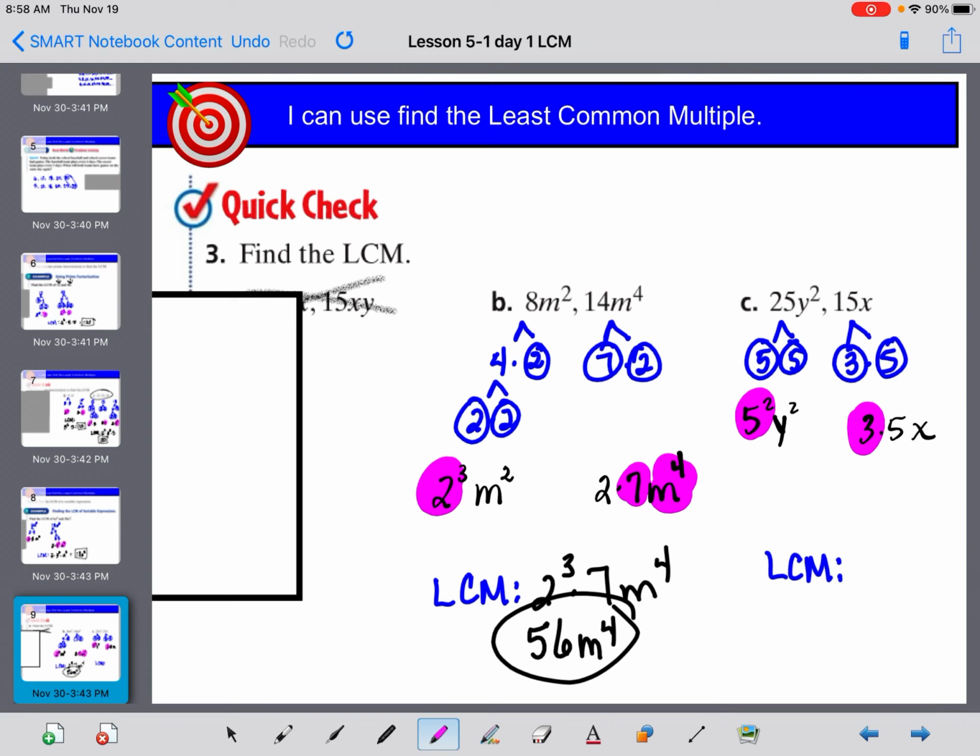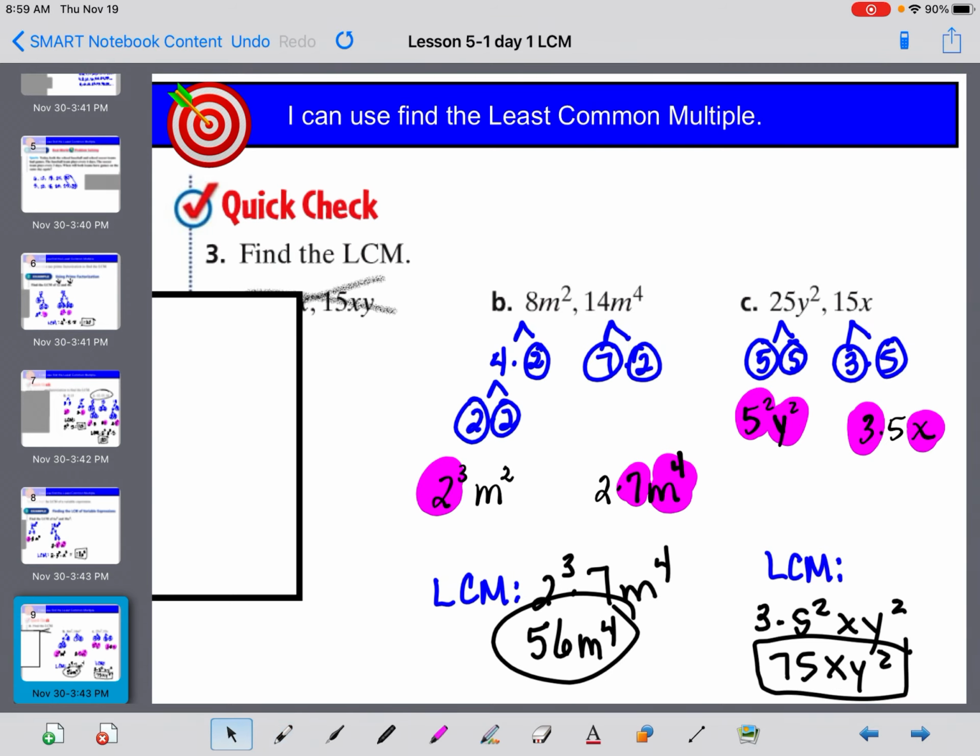I've got x and no other x to compare it to, so x is the largest. I've got y squared and no other y, so y squared is the largest. Then I multiply each of these largest factors together. 3 times 5 squared. 5 squared is 25, times 3 is 75xy squared.